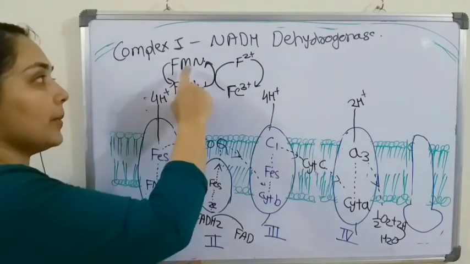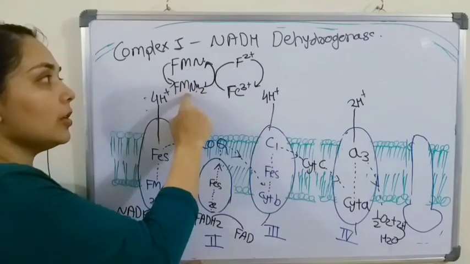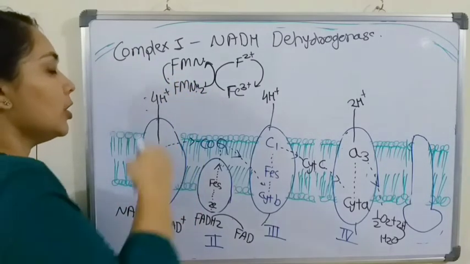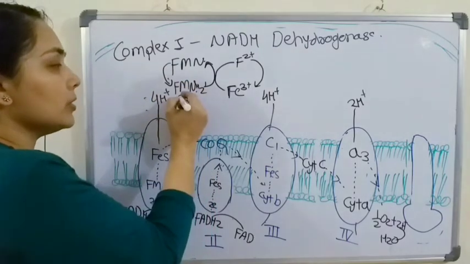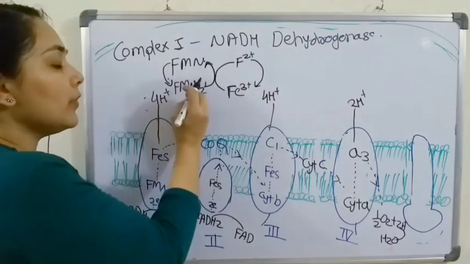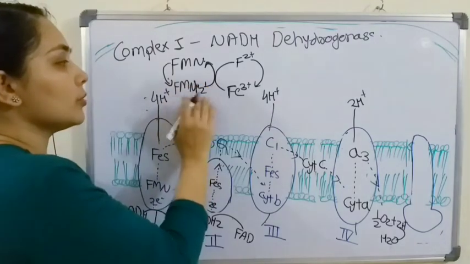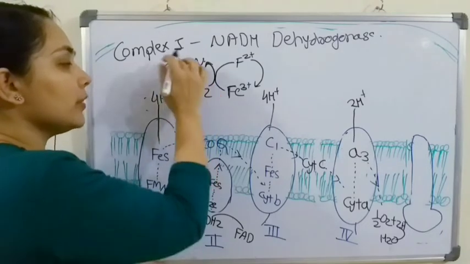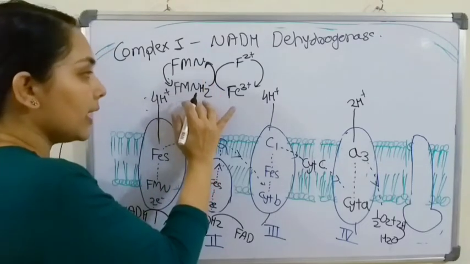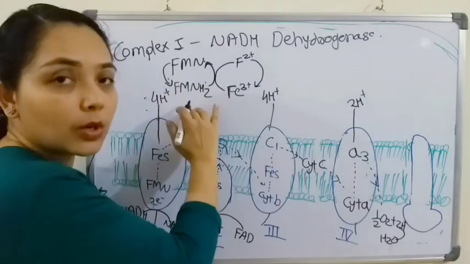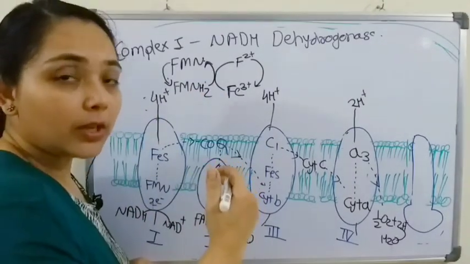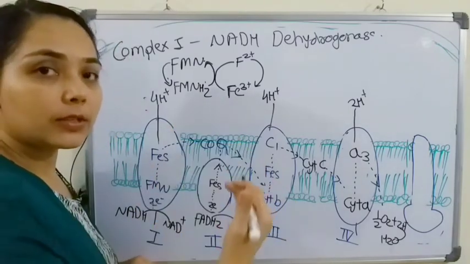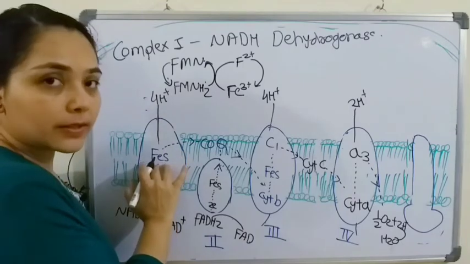This FMN, after accepting 2 hydrogen and 2 electrons, will be reduced to FMNH2. When this FMNH2 again oxidizes, oxidation means the loss of electron, it will pass its electrons to the iron sulfur cluster.